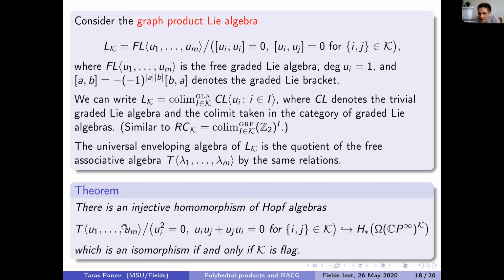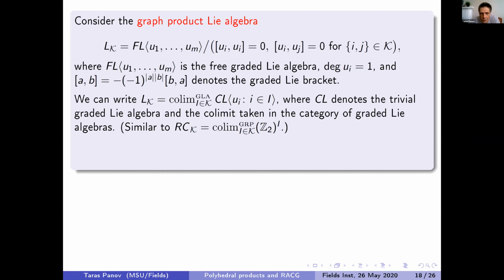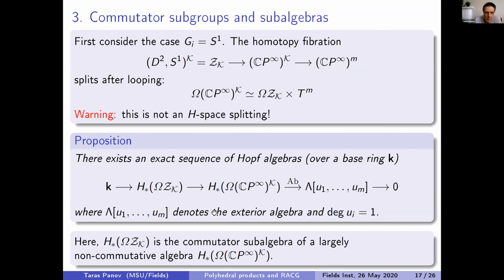So if k is flag, you have the full description of this group by generators and relations. Then you want to look at its commutator subalgebra. It's still quite complicated, even in the flag case. Sorry, I go back a little bit. If you look at this exact sequence, even if you know this one by generators and relations in the flag case, it's still hard to say what this looks like.